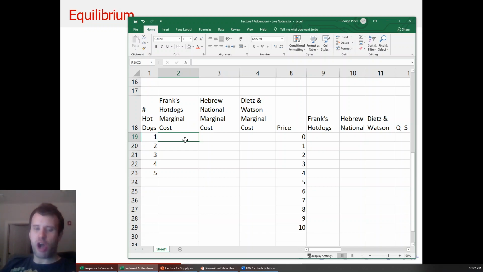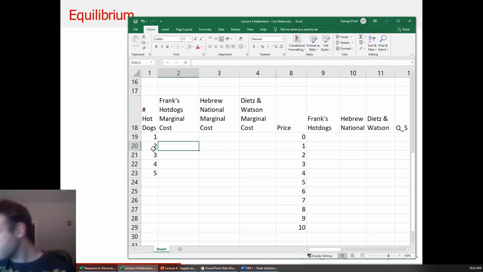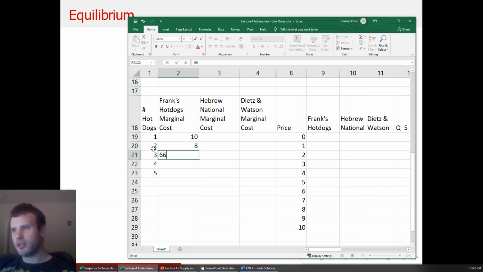Again, marginal cost is the cost of the next additional unit. So my marginal cost here will be the cost to produce the second hot dog that wasn't already incurred by the first hot dog. Let's say the marginal cost for the first hot dog was 10, 8. Sorry, I want to go the opposite way. I want the marginal cost to be increasing here: 2, 4, 6, 8, 10.